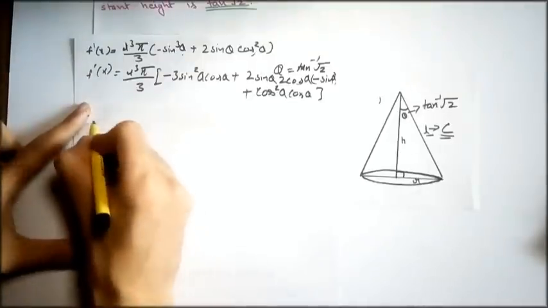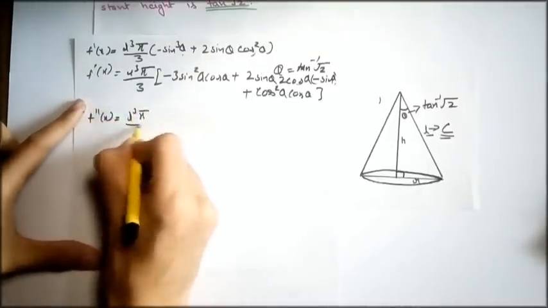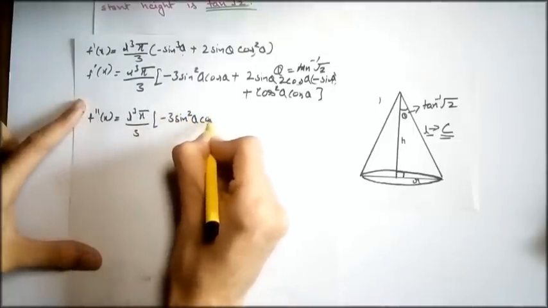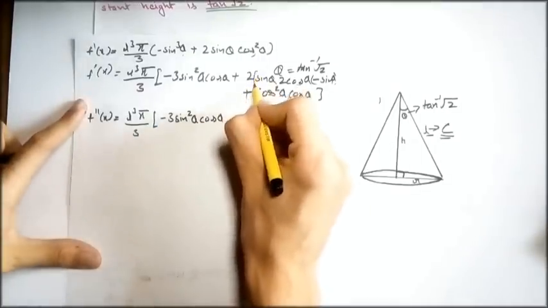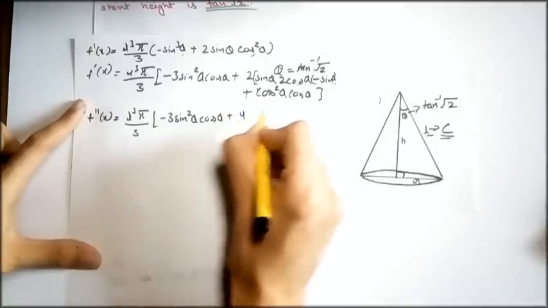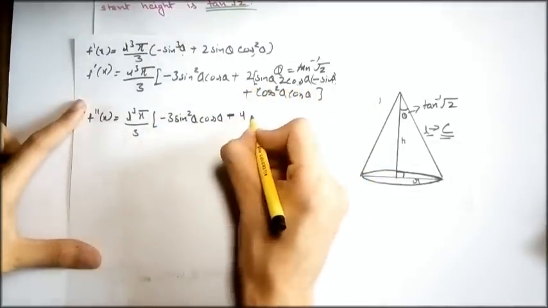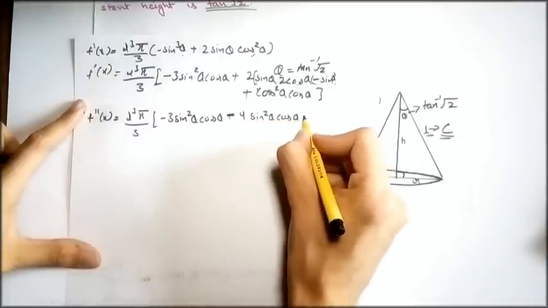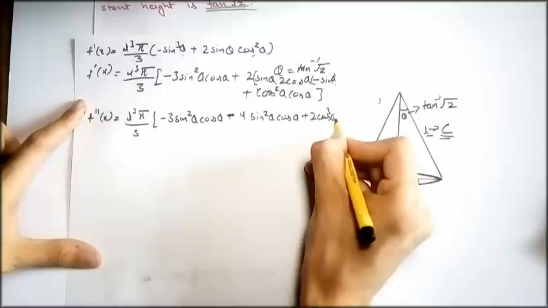Now after this, f double dash x is equal to L cube pi by 3 times minus 3 sine square theta cos theta, and this 2, remember that this is also multiplied by this one also, so that becomes 4, and the minus sign comes outside, so this will become minus 4 sine square theta cos theta, plus this 2 will multiply in here, 2 cos cube theta.